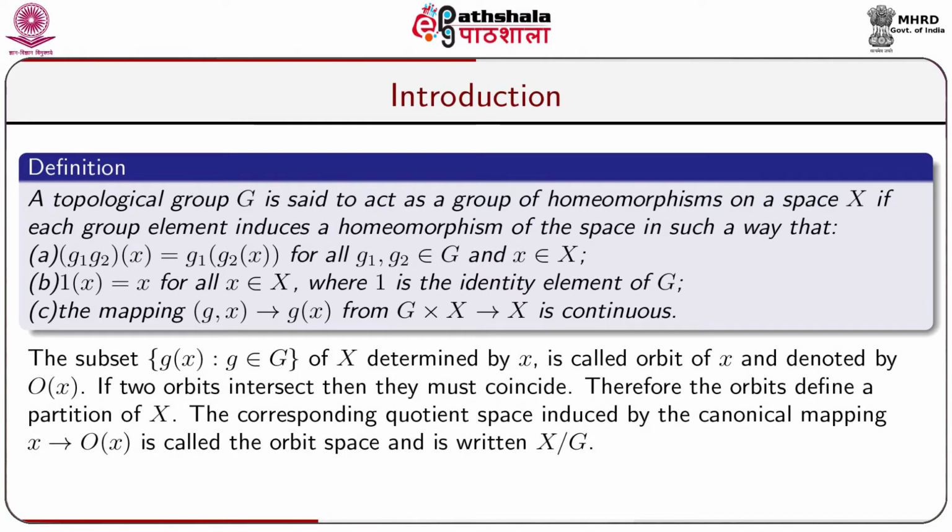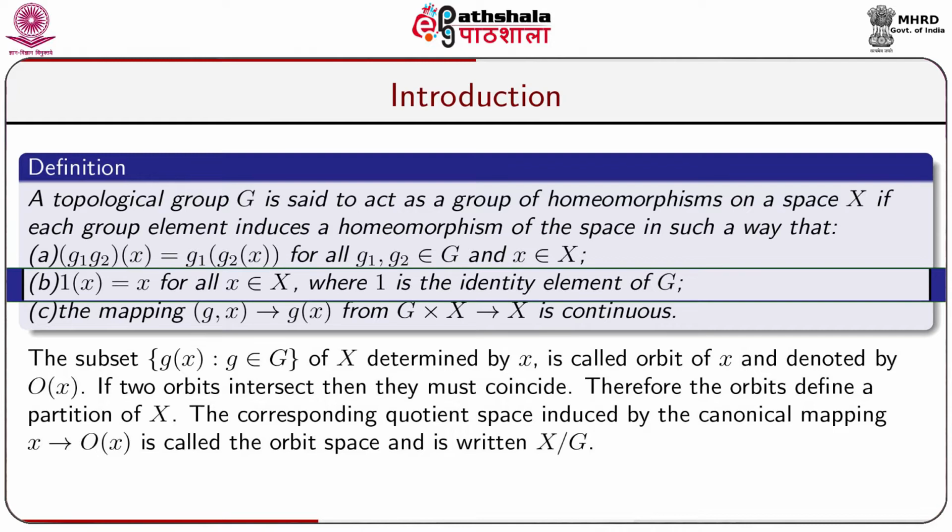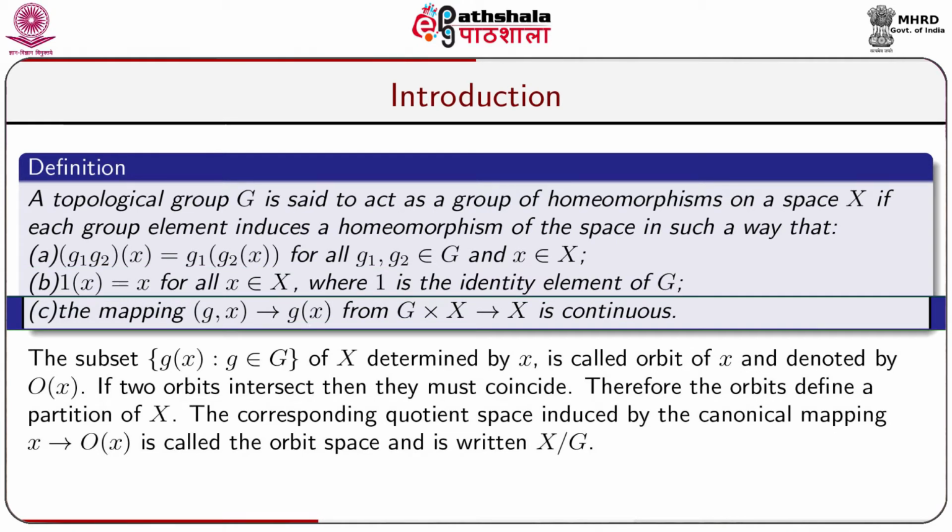Let us go to the slide presentation. So let us start with the formal definition of action of a topological group on a topological space X. A topological group G is said to act as a group of homeomorphisms on a space X if each group element induces a homeomorphism of the space X in such a way that (g1 g2)(x) = g1(g2(x)) for all g1, g2 in G and x belonging to X; 1(x) = x for all x belonging to X, where 1 is the identity element of G; and the mapping (g, x) goes to g(x) from G Cartesian product X to X is continuous.